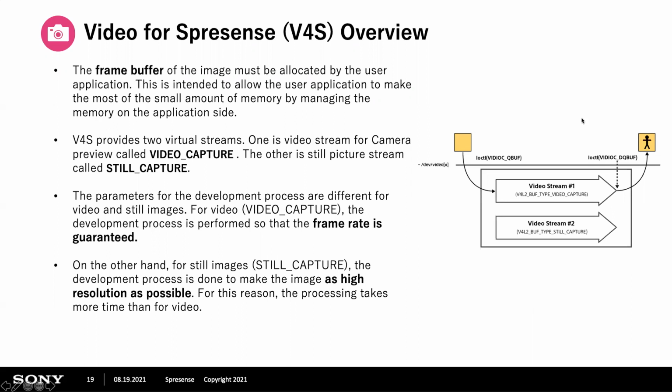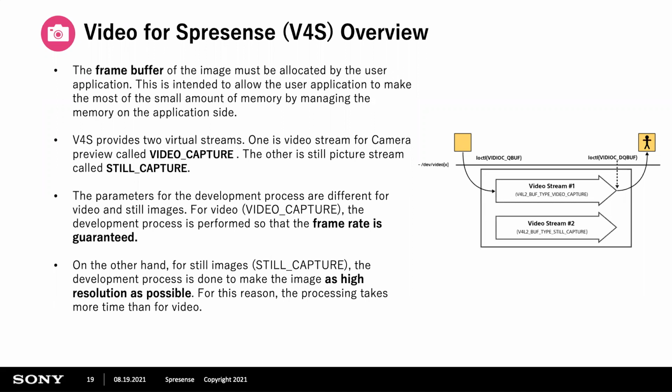And then if you look at the picture again, for this V4S, we have two types of stream. One of them is the video stream, the other one is for the picture. For the video stream, we call it video capture, and for the picture, we call it still capture. So I refer to these two names when I talk about video and still picture.